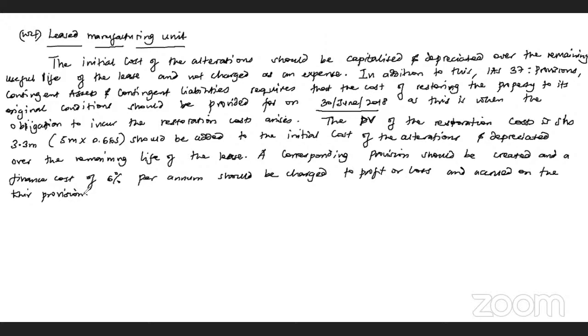The restoration costs should not be expensed, they should be capitalized. Then in addition to that, the estimated cost to be incurred on restoration of the site should also be capitalized.